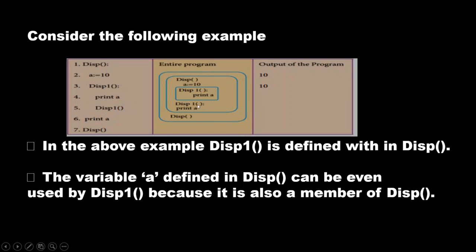It is nested inside that. Display1 is nested in the display function. So the variable A defined in display can even be used by display1 because it is also a member of display.